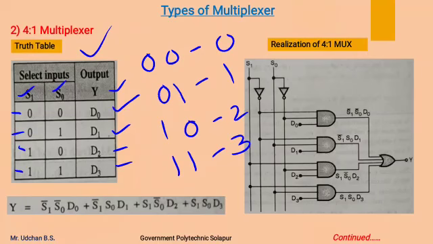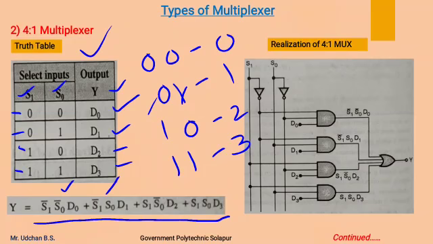So from this the output equation is written. For D0 we should have S1 S0 0 0, therefore S1 bar S0 bar D0 term is written. For D1, S1 is 0 and S0 is 1, therefore S1 bar S0 D1 term is written over here.